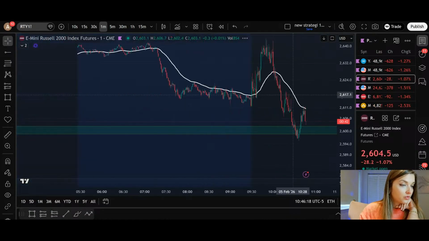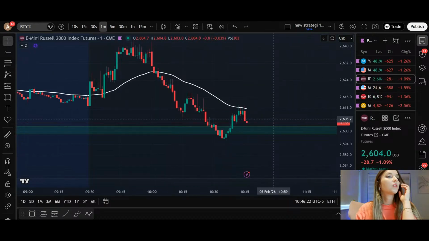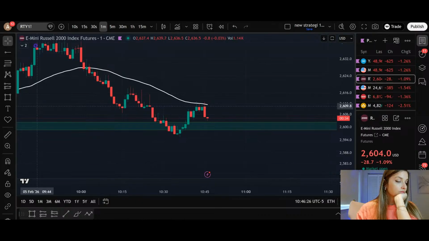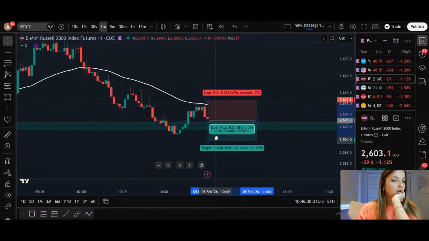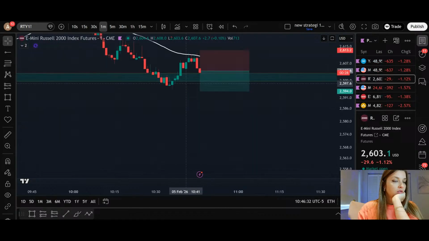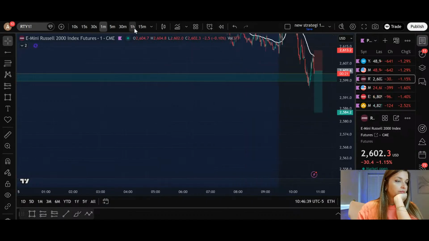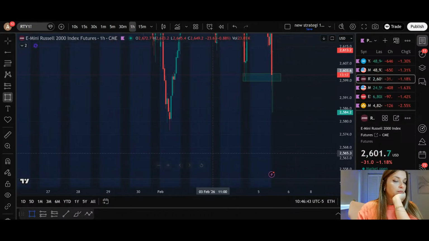I never really trade Russell, but this is a beautiful EMA rejection. It's tempting. I don't know how it moves. Let's see.